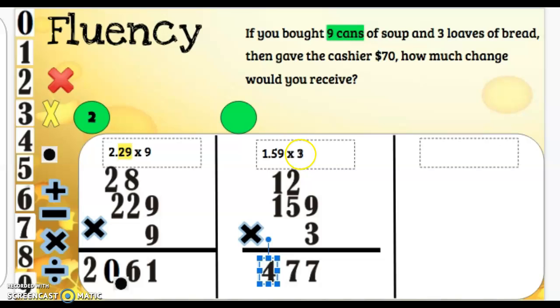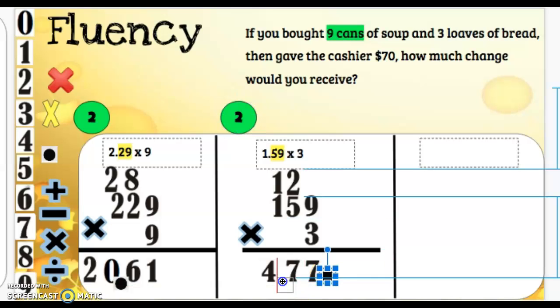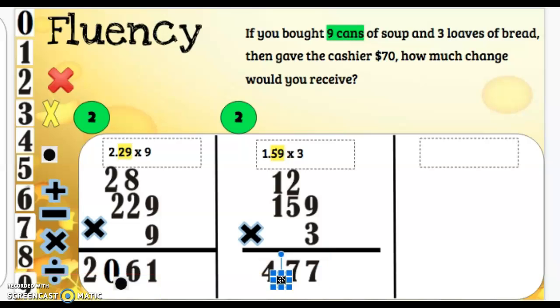So now I go back to the problem, since I'm dealing with decimals. Count the numbers behind the decimal point. There's none behind the 3, but there's a 9 and a 5. Since there's a 9 and a 5, I have to move my decimal point that many times, which right now is currently behind the 7. A 5 and a 9 is 2. So that means I swoop 2 times. Swoop 1, swoop 2. So I got 4.77. Or in this case, I spent $4.77 on the bread.